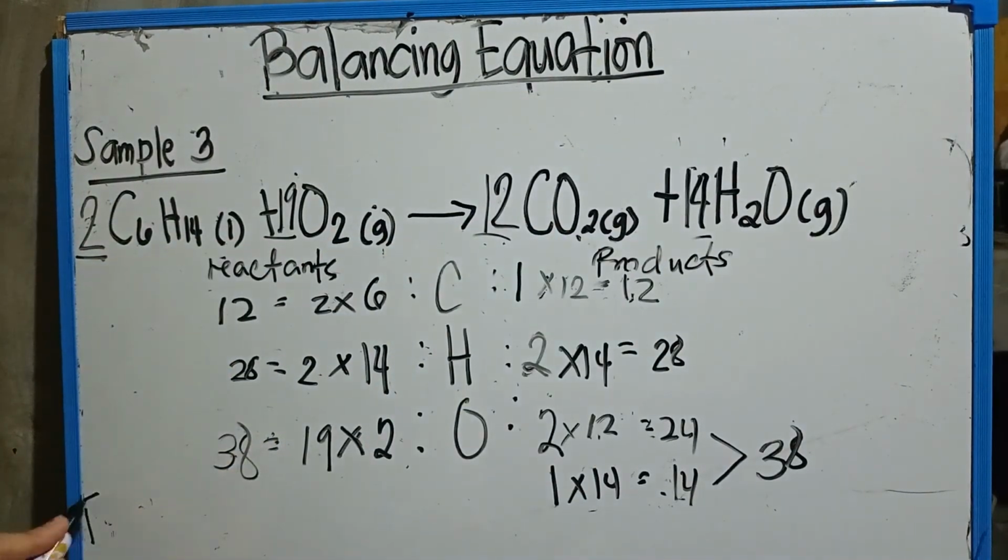So, for our final answer, we have 2 C6H14, liquid, plus 19 oxygen, gas, yields 12 CO2, gas, plus 14 H2O.